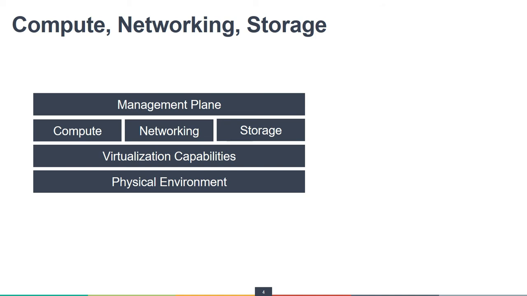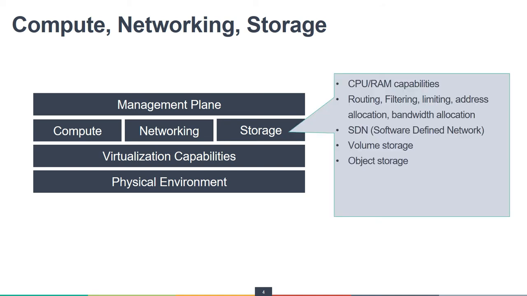Networking, managing the physical network, is completely the responsibility of the CSP, the cloud service provider, and every CCSP professional should understand some key functionalities in the cloud network. Routing, filtering, rate limiting, address allocation, bandwidth allocation, and then we have the software defined network, which is in the virtual environment.